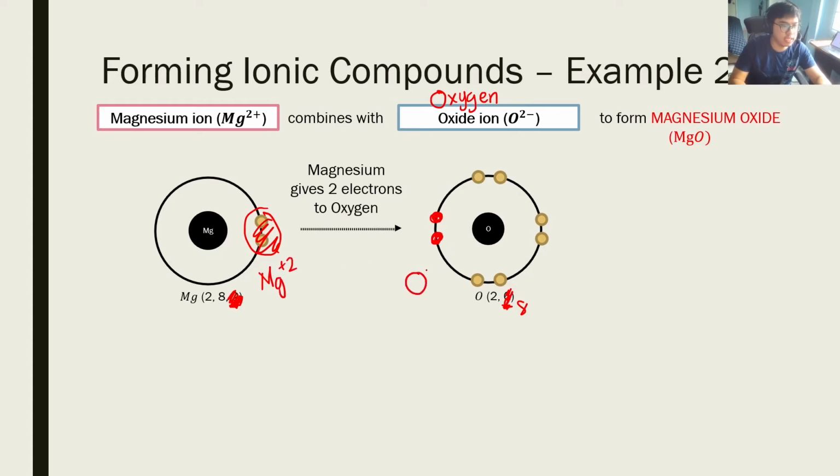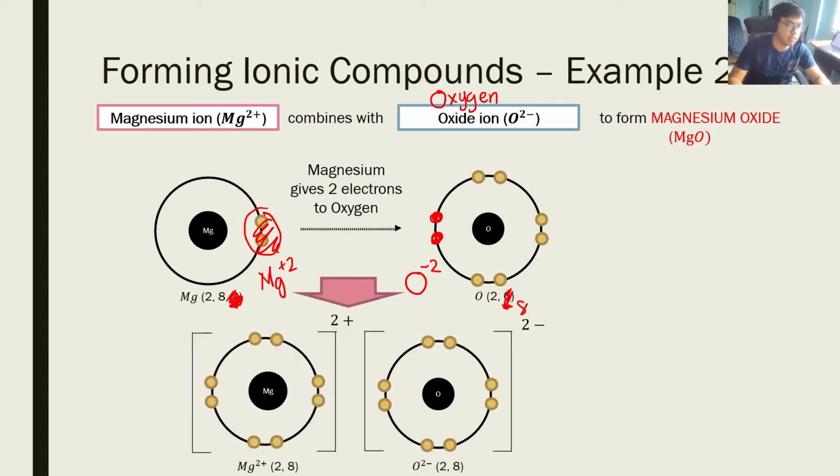Oxygen, because it gains 2 electrons, becomes minus 2. And then the ions look like this and that. Okay, and we are only drawing the outermost electrons. For magnesium, there are 8 now in the outermost shell. And for oxygen, there are also 8. So that is what they look like. And when they join together, they become magnesium oxide.